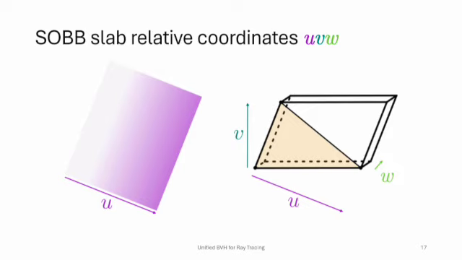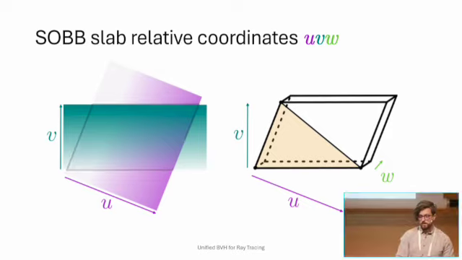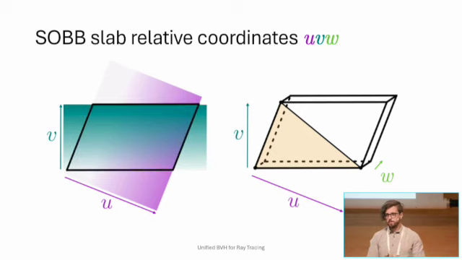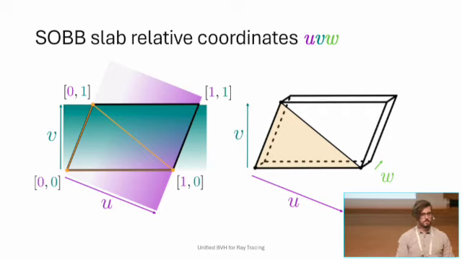So to understand this a little better, let's stay in 2D and look at the front face of the SOBB. So you have slab U and slab V. Their intersection clearly forms a parallelogram, in this case a front face. They have these coordinates in this relative space, and also the triangle we are interested in is present in this space and has these coordinates.